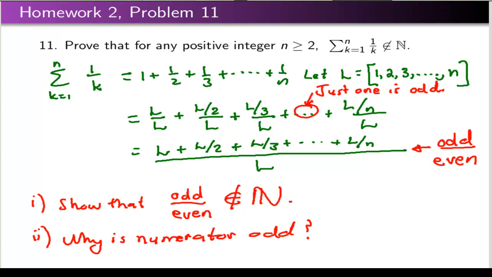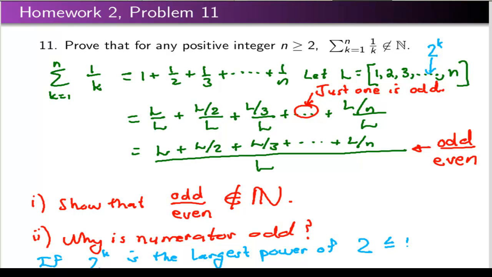And the thing that you want to note is that if 2 to the k is the biggest power of 2 less than or equal to n, then in fact that is the multiplicity of 2 in this least common multiple.